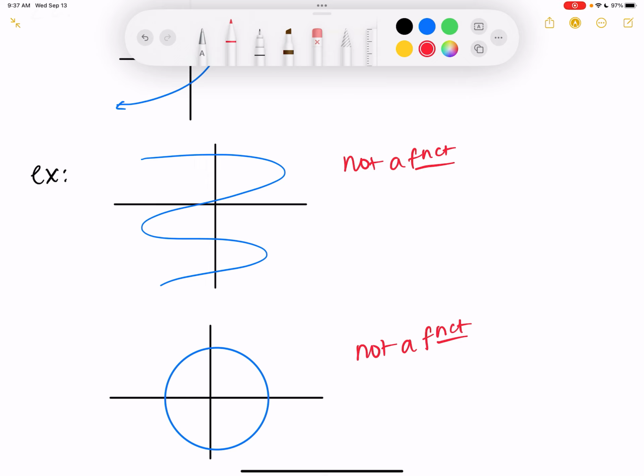Standard form or general form: Ax plus By equals C. And then the other one starts with a P. Point something form.